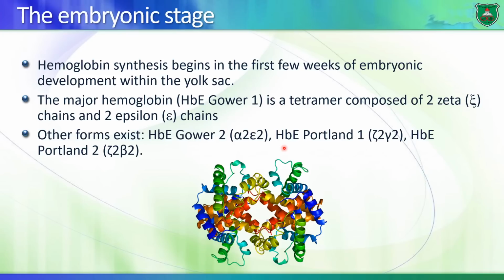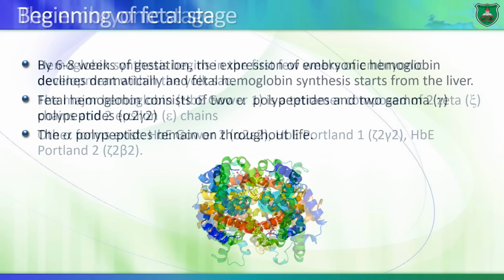You have HBE Portland 1, which is made of zeta 2, gamma 2, and you have HBE Portland 2, that is zeta 2, beta 2. So there are different forms, but mainly it's the HBE Gower form that predominates in the embryonic stage.